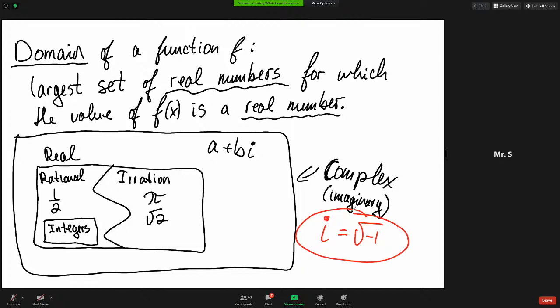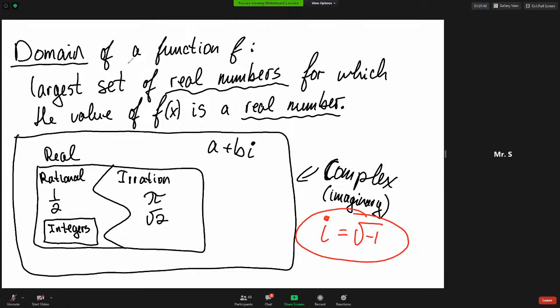We're not going to go into too much detail on it now. We don't need it so much now. We will need it a little more later, so we'll spend some time on it later. But just to refresh your memory, real numbers means that they are defined. First of all, a number has to be defined in order to be real, and also it cannot contain the square root of a negative in order to be a real number.